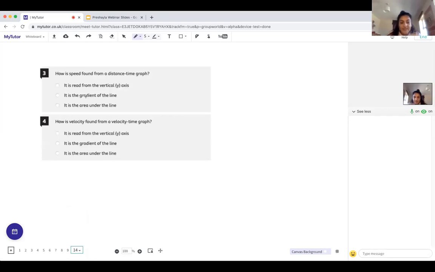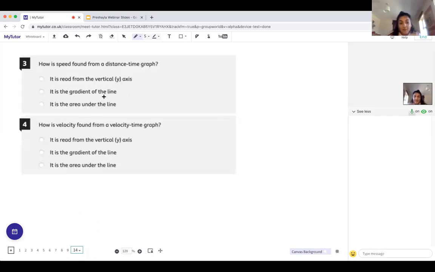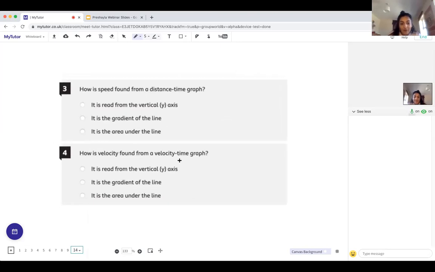Okay, how is speed found from a distance time graph? And how is velocity found from a velocity time graph? I'll give you 1 minute to think about this one because it can be a little bit tricky to remember them in the beginning.